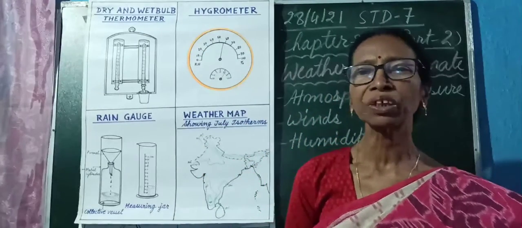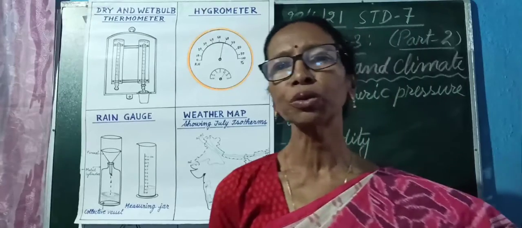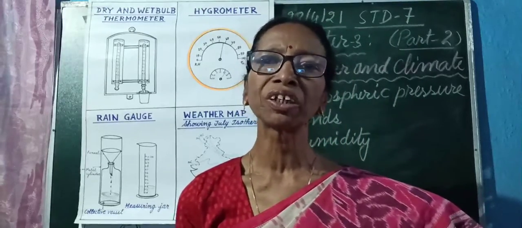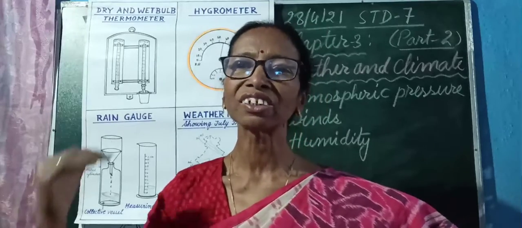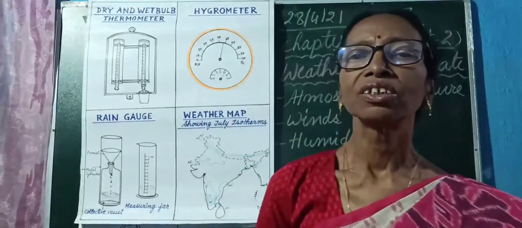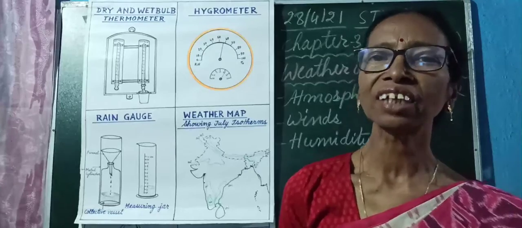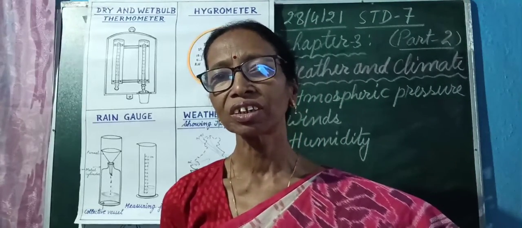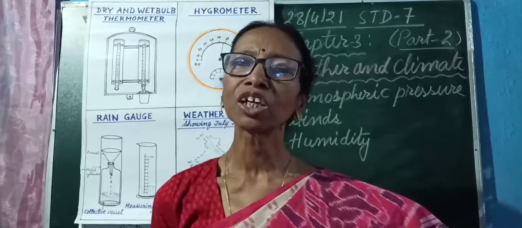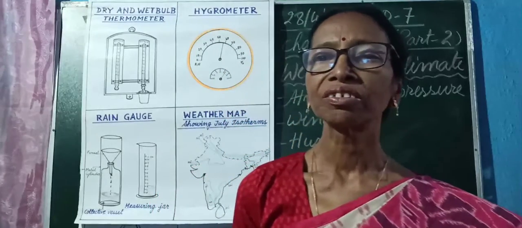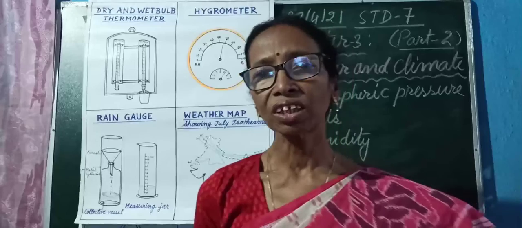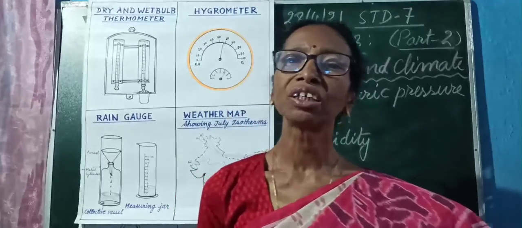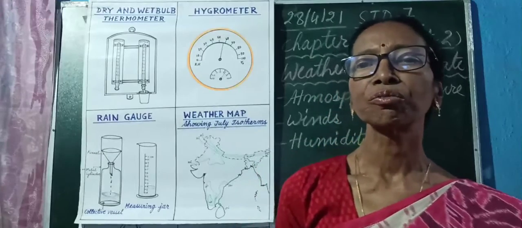Due to the high temperature, water from the water bodies is changed into water vapor in gaseous form and gets into the atmosphere. So, in which part there is a high rate of evaporation, there will be high humidity. In which region there is a low rate of evaporation, there will be less humidity.